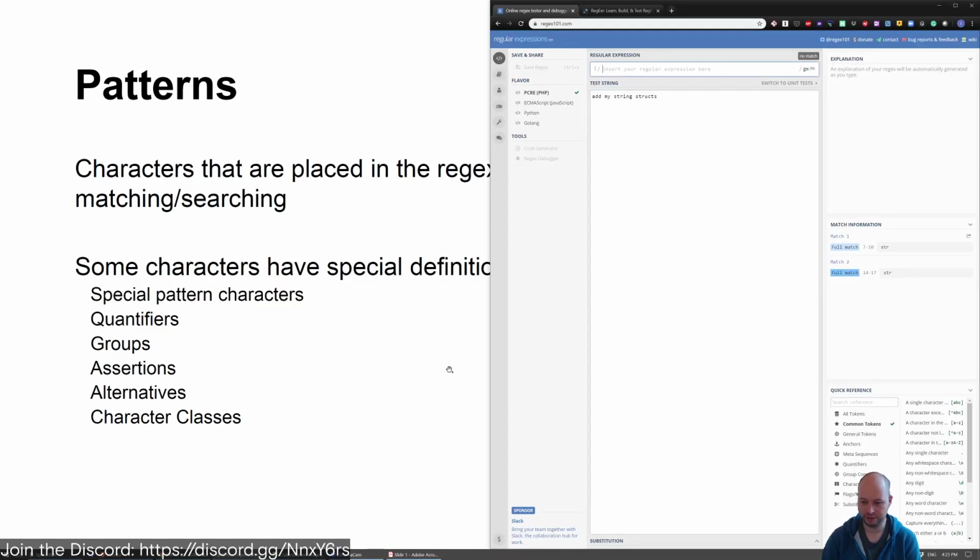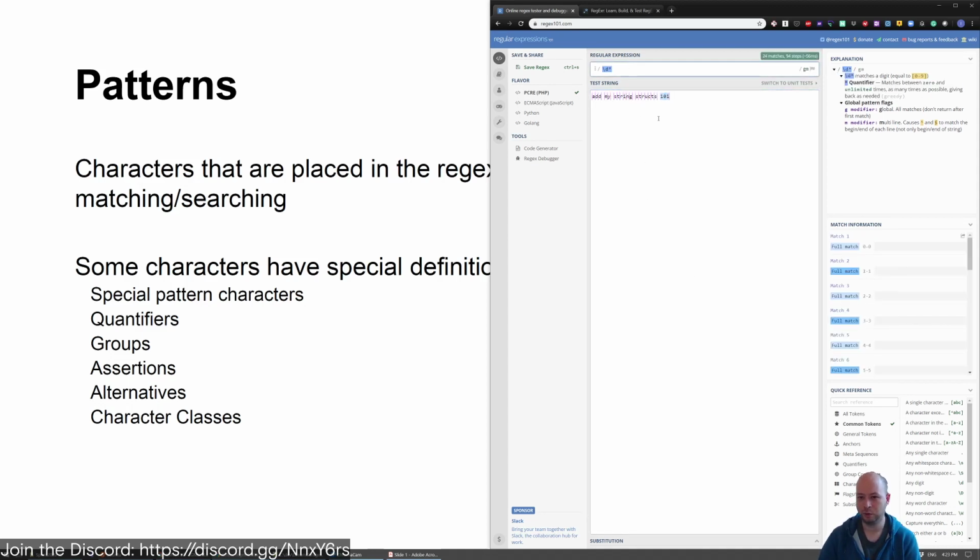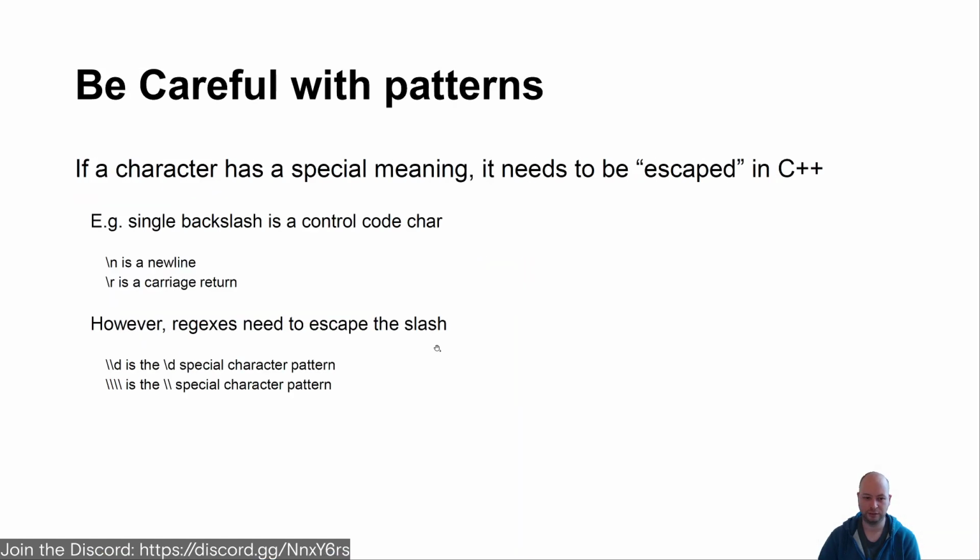One example of that is the \D, which is all non-digit. If I do d, nothing will show up because it'll only match the values. And if I do something like star, it will only match the values until it doesn't anymore. So, a lot of fun things to do.